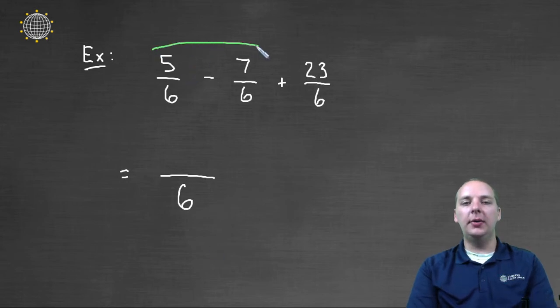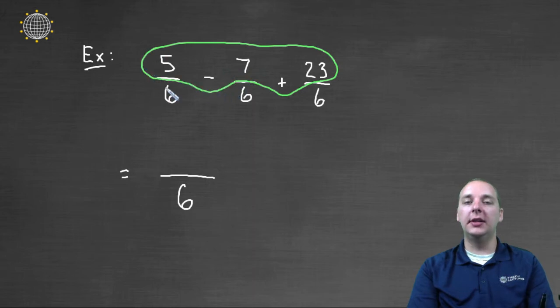And then the numerator will be the sum and difference of all the numerators. Again, remember, the arithmetic happens only in the numerators. So let's do this algebra. 5 minus 7 is -2, and -2 plus 23 makes 21. So our answer would be 21 over 6.